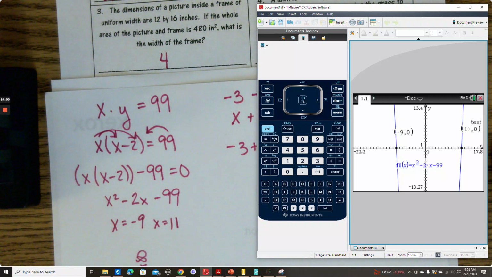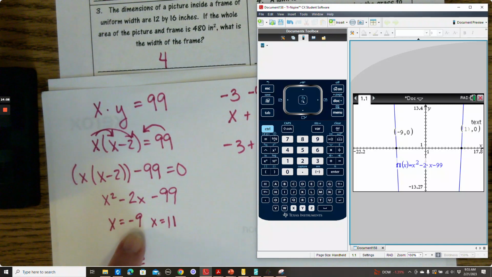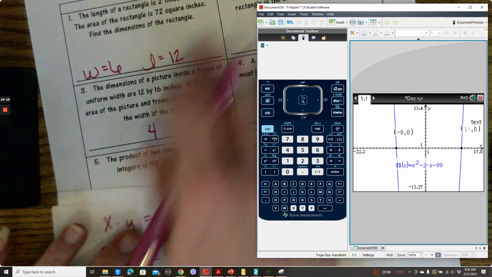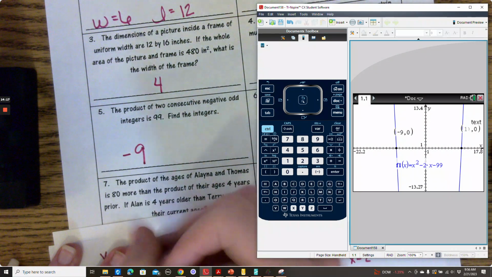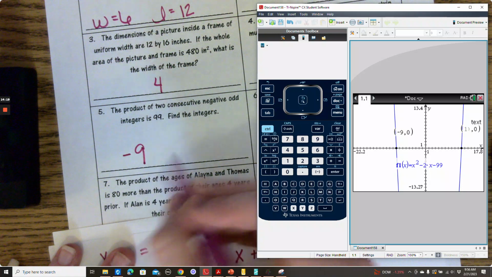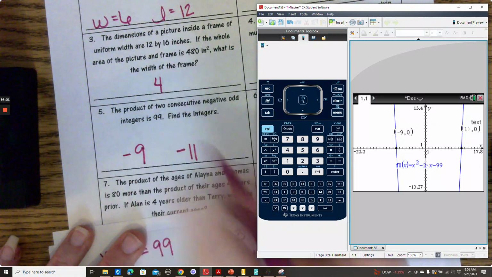If my two numbers are negative, which one do I have to pick? If I'm multiplying two negatives together, which answer do I have to pick? I want the negative. So -9 is one answer. And then the next odd number, 9, 10, would be 11.